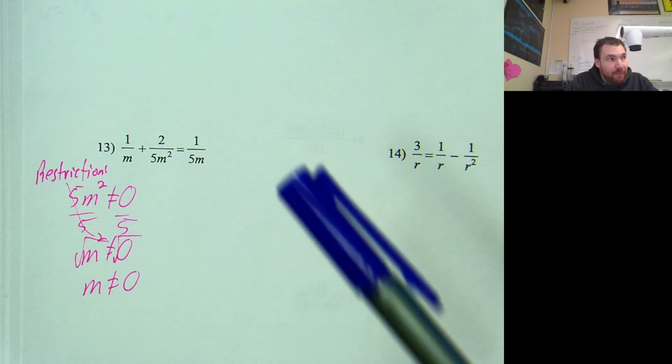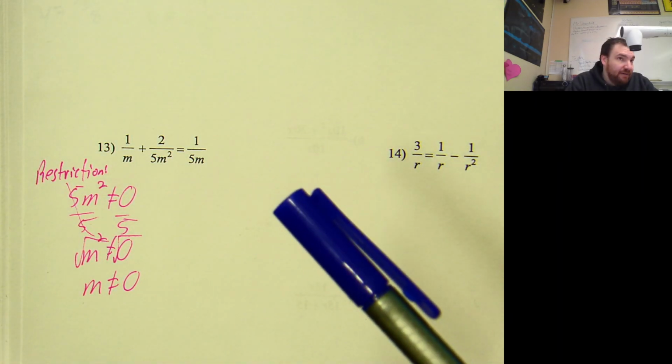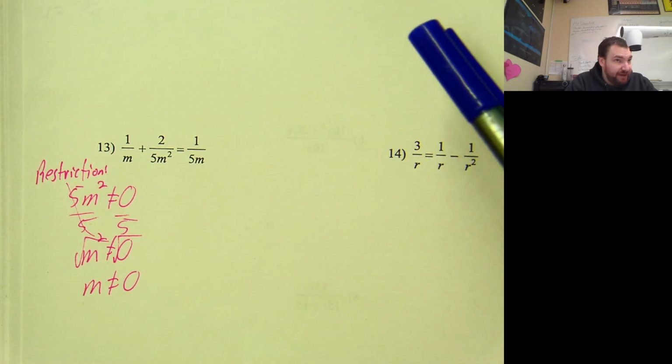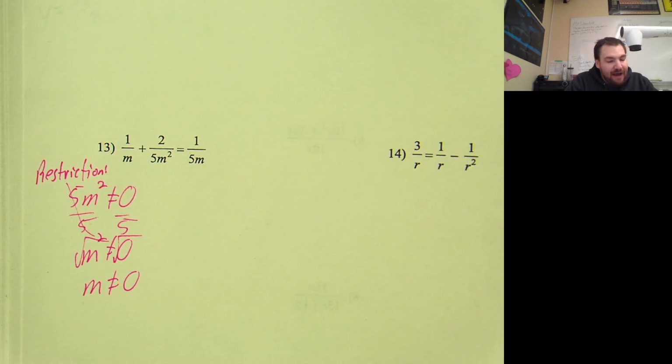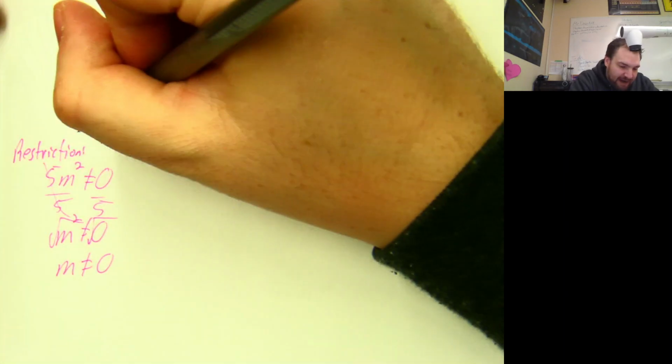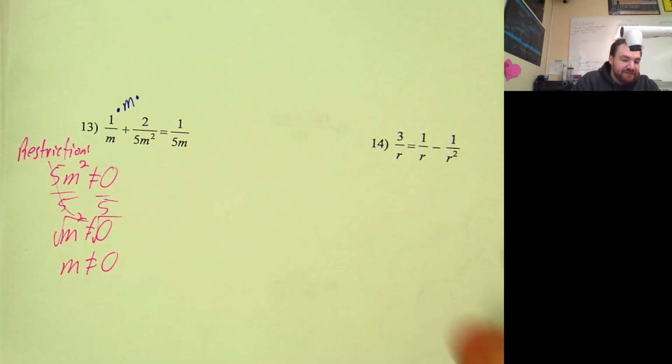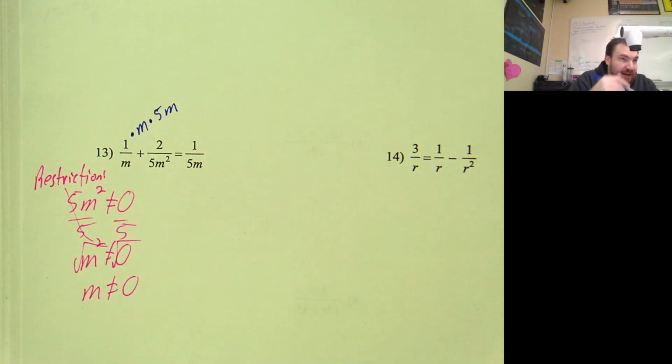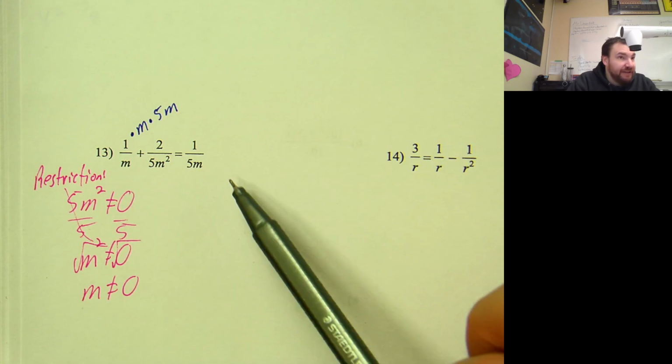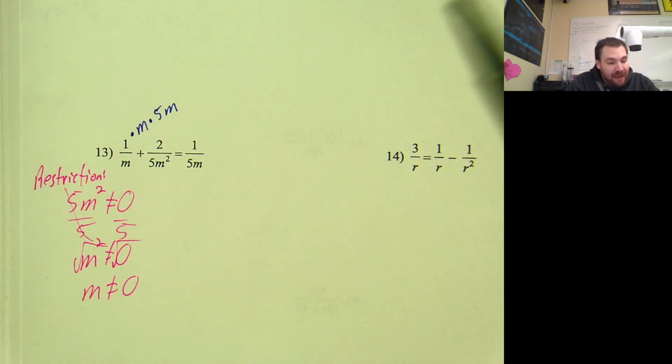And to do that, we want to multiply by the lowest common denominator. So what you were suggesting was I multiply by m times 5m, so you're suggesting I just multiply by each of the denominators because there was an expression there.